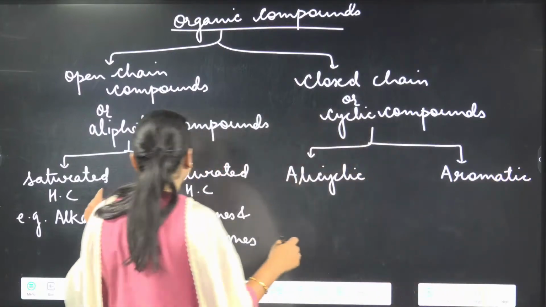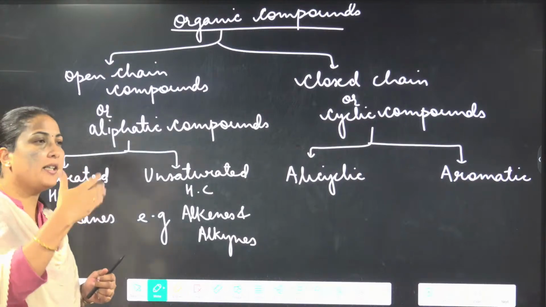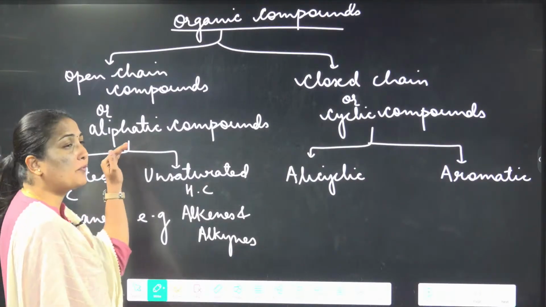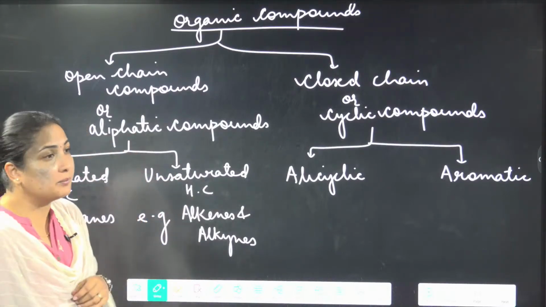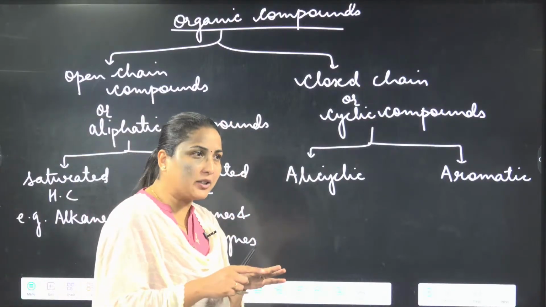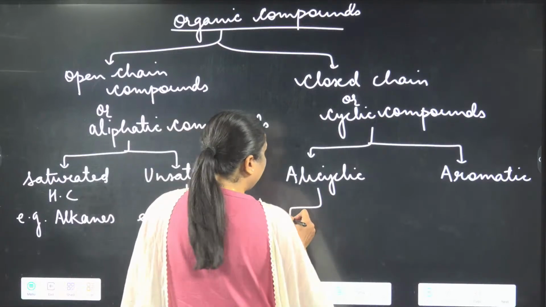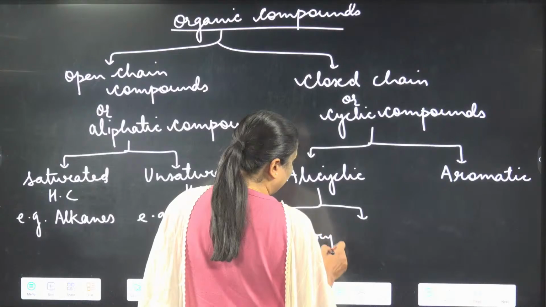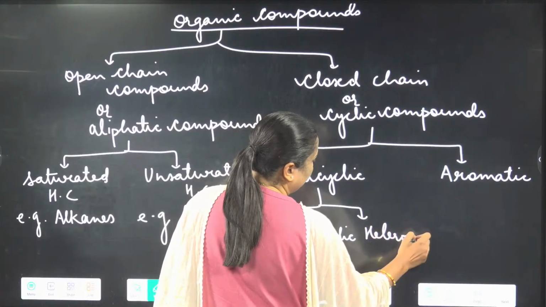Now you must understand, when I talk about the term aliphatic, in earlier days organic compounds were derived from the fats of animals and plants, and because of that it got its name, right? Alicyclic means it is cyclic in nature, but its properties are similar to the aliphatic compounds. Here again you have homocyclic and heterocyclic.